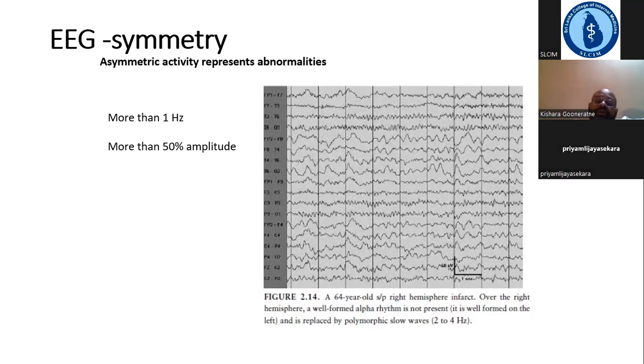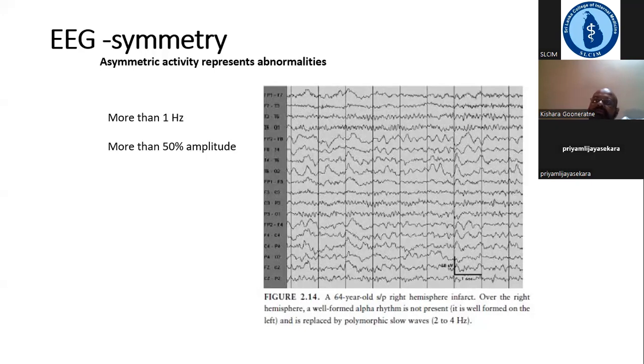Now, EEG is not necessary for you to diagnose epilepsy at all. There are operational diagnostic criteria. One is that if you have had two seizures, clinically diagnosed with a proper history, you don't need an EEG to start this patient on anti-seizure medication.